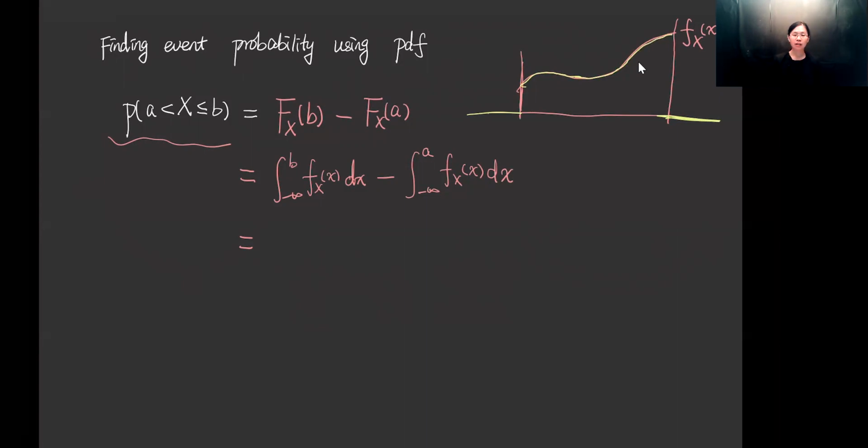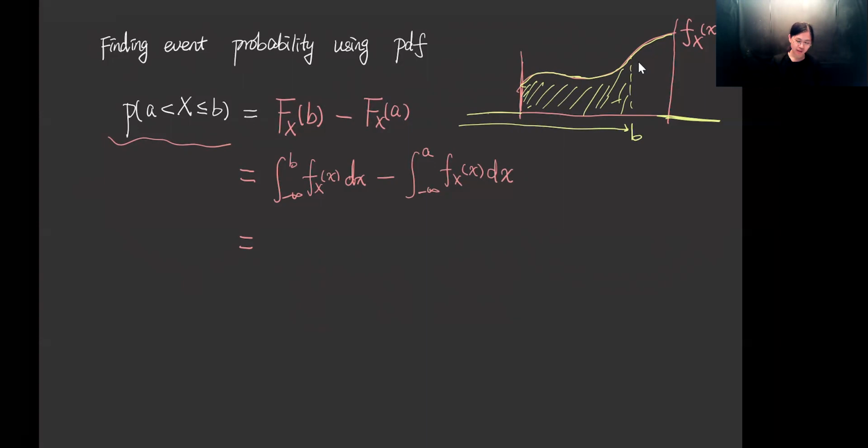Then the integral of that on the interval minus infinity to b is the area under this PDF function, just by the definition of integrals.